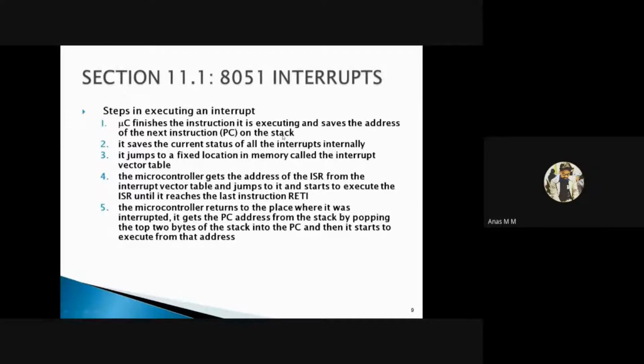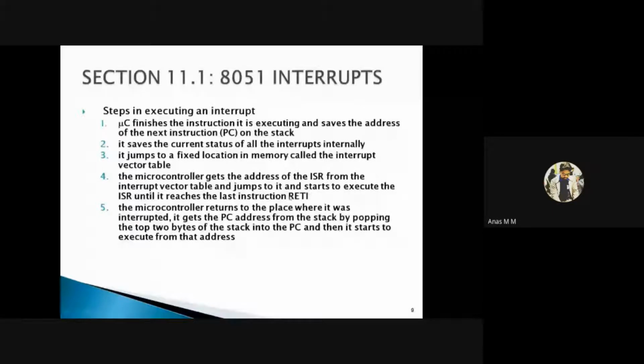Then it saves the current status of all the interrupts internally. It jumps to a fixed location in memory called the interrupt vector table. The microcontroller gets the address of the ISR from the interrupt vector table, jumps to it and starts the execution of the ISR until it reaches the last instruction, RETI, return from interrupt.